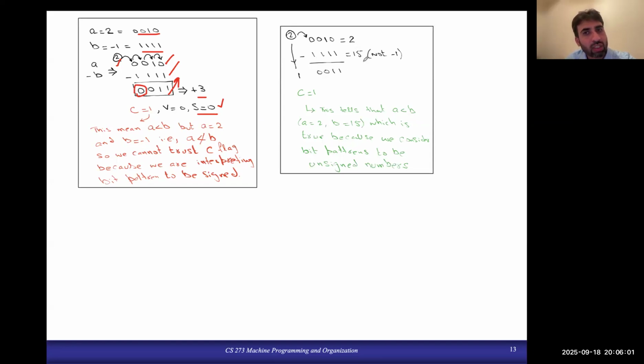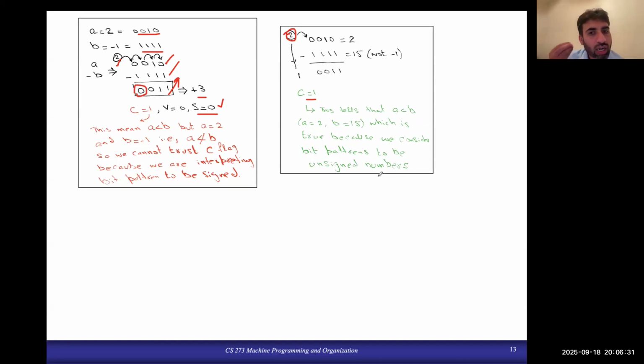I'm not saying that 2 minus 15 is 3, but because we cannot show -13 in the unsigned representation, we only have 3, right? But here, at least in this case, carry is still 1. We have a carry in the most significant position, so carry is equal to 1. And it is telling me that A is less than B, and in this case A is equal to 2 and B is equal to 15, which is true because we are considering the bit patterns to be unsigned numbers.